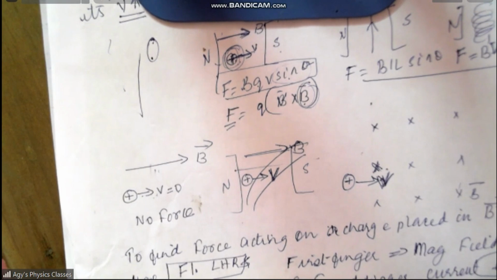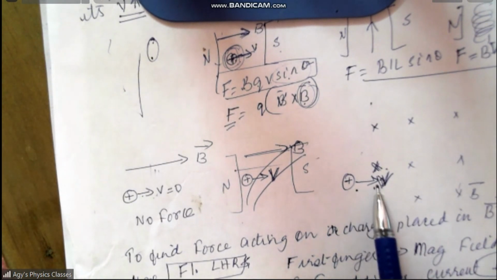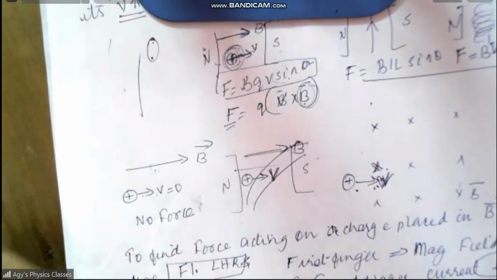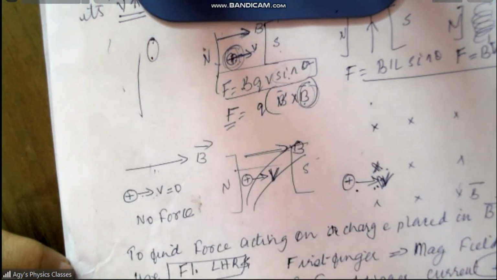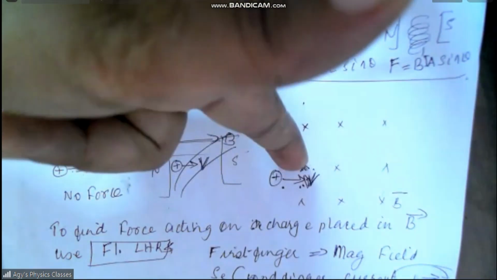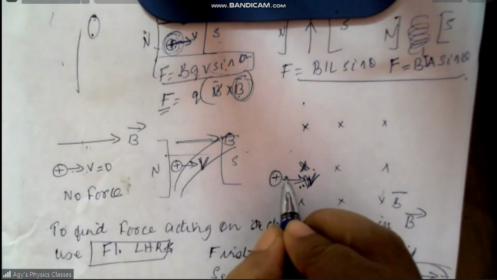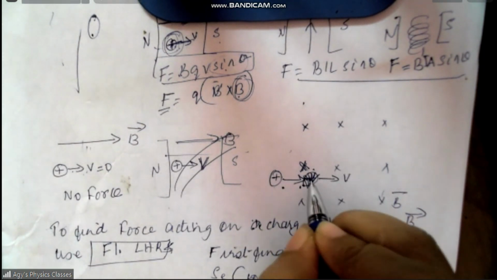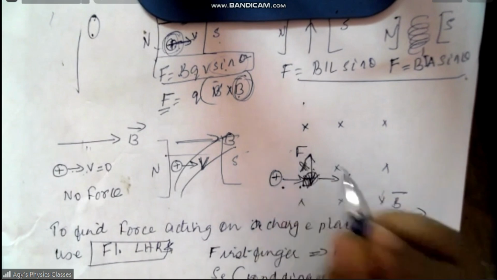So now apply that over here. First finger for field, second finger for current. That means when the charge comes over here, it is already moving, but there is a force in this direction.